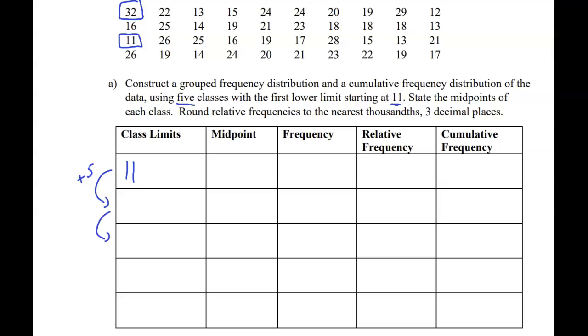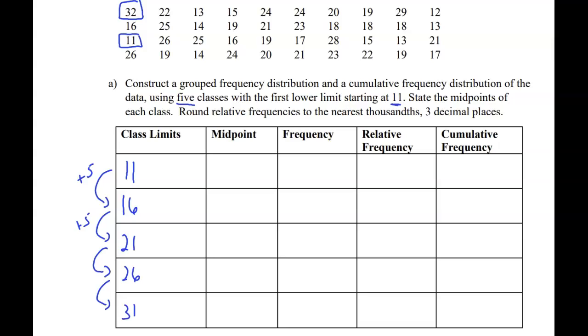So you're going to add 5 to each of the lower limits. When you're filling these out, make sure you fill out the lower limits first. Don't even touch the upper limits yet. Always fill out the lower limits first. So I'm going to add 5. And so I'm going to get 16, 21, 26, and 31.